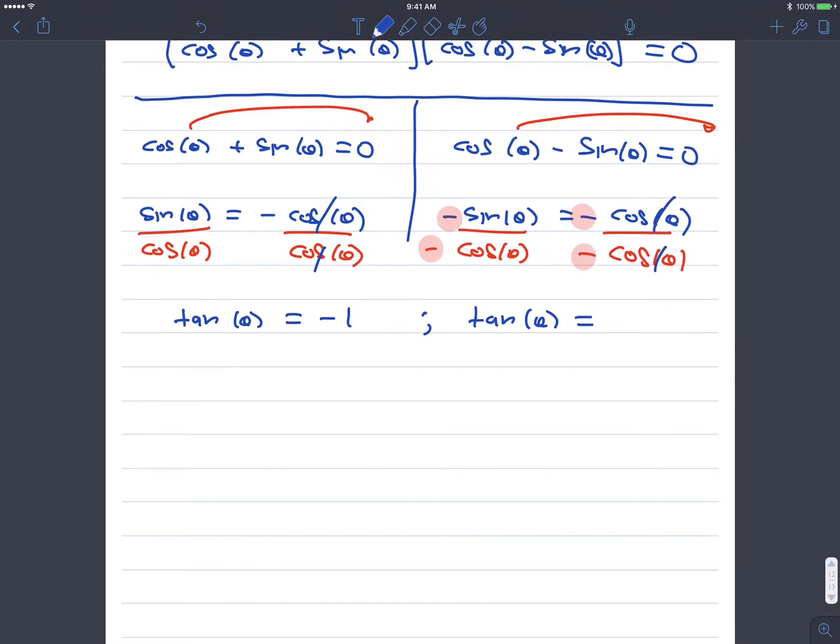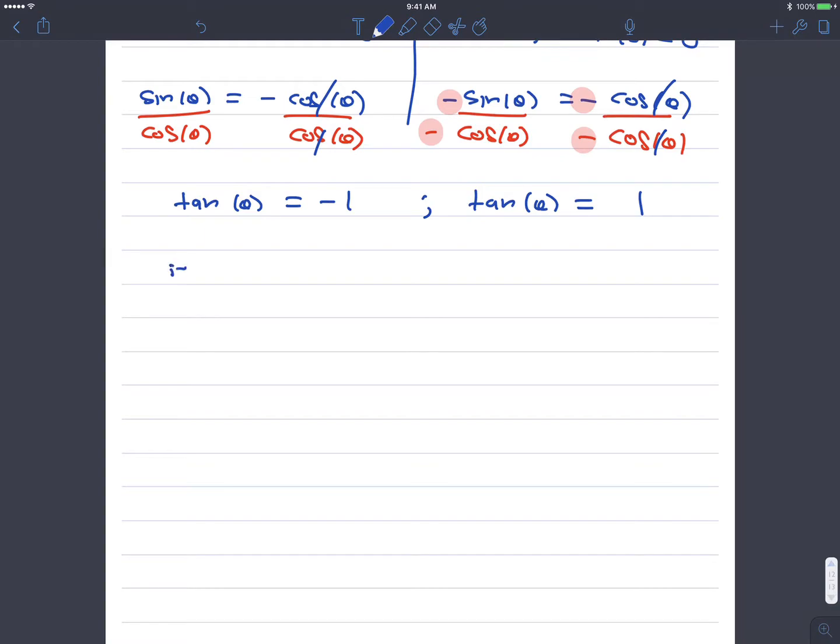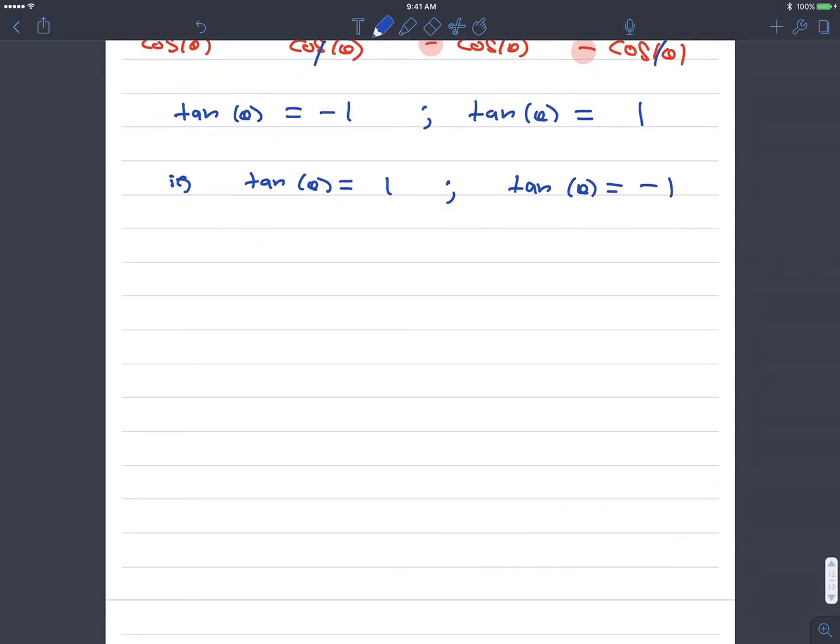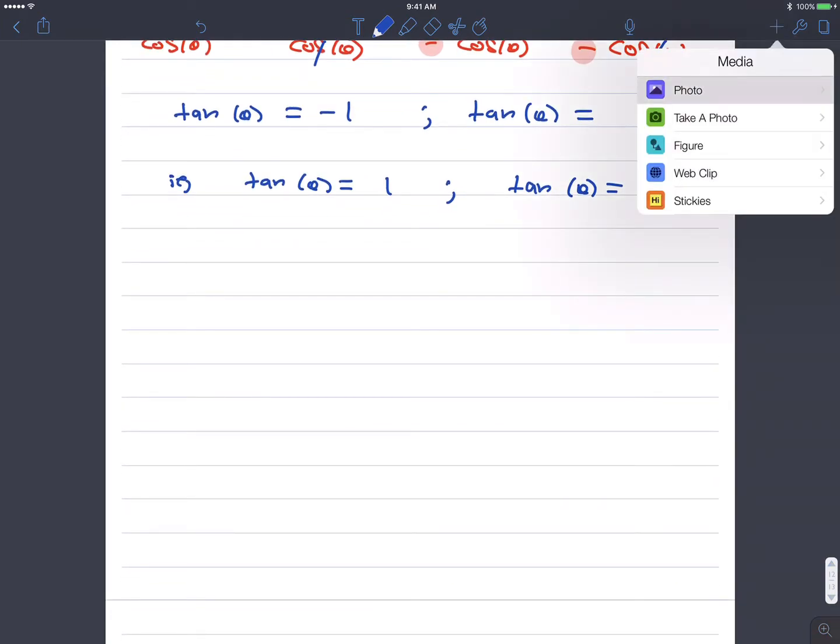Isn't that 1? So ladies and gentlemen, we're back where we started. In other words, I'll switch the order: tangent theta is +1, and tangent theta is what? -1.